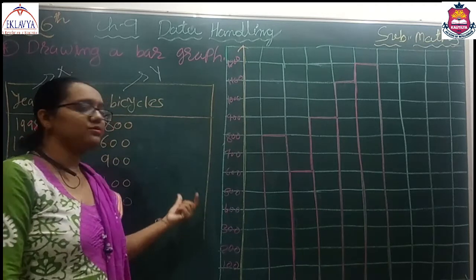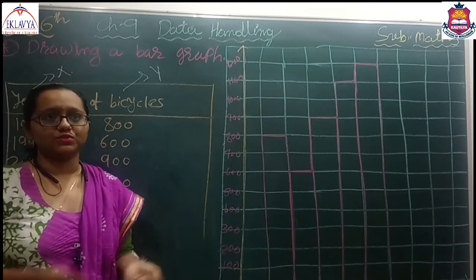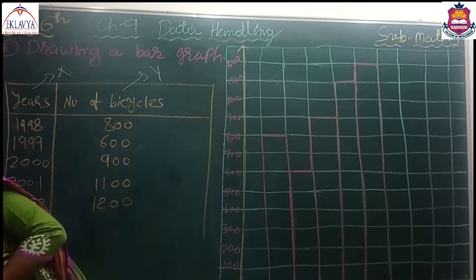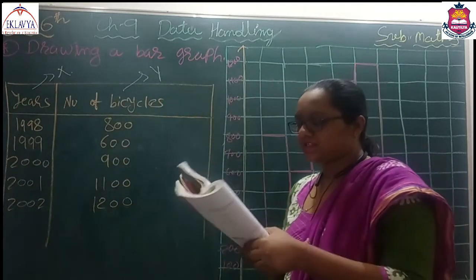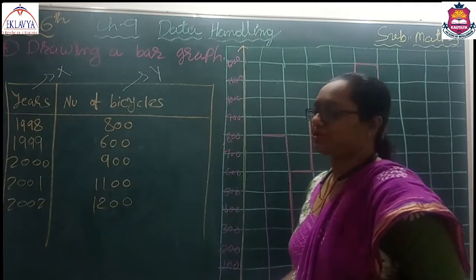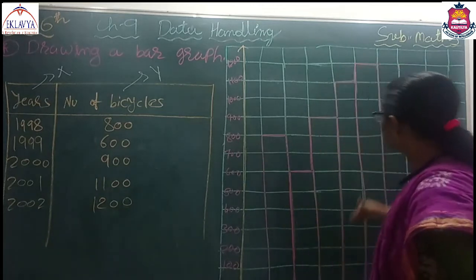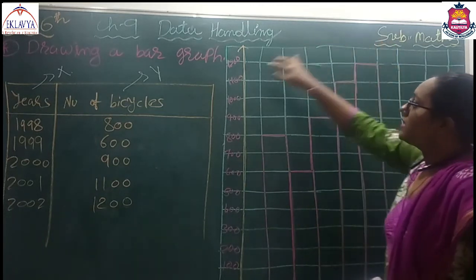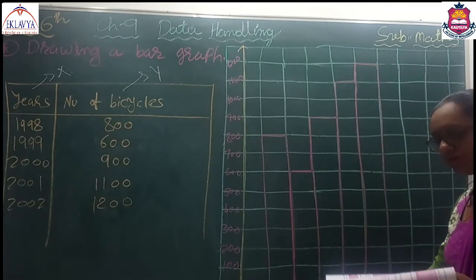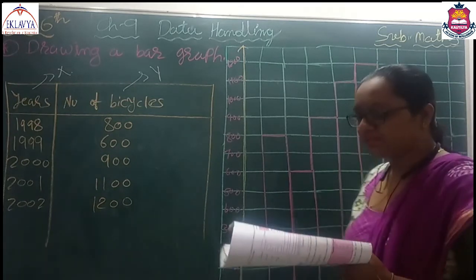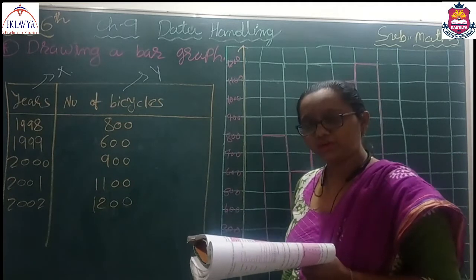Now what you have to do is answer the questions from the data. Which type of questions are there? In which year were the maximum number of bicycles manufactured? Maximum means you have to see the biggest one. The biggest bar is in 2002, so in 2002 the maximum number of bicycles were manufactured.